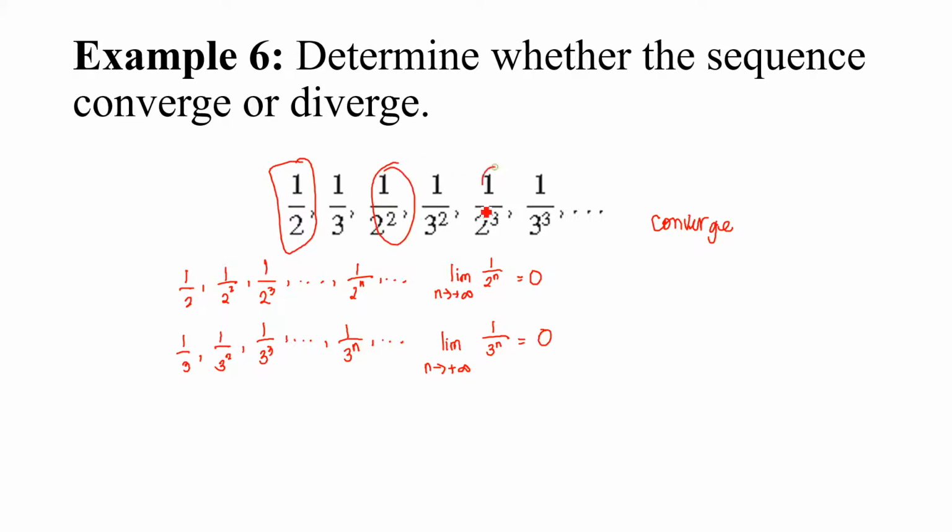These are the odd and the even terms, and they converge to the same number. Therefore, this sequence is a converging sequence.